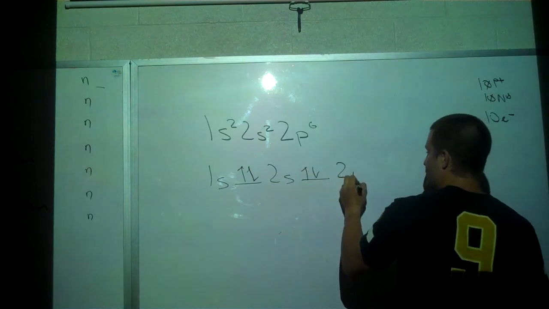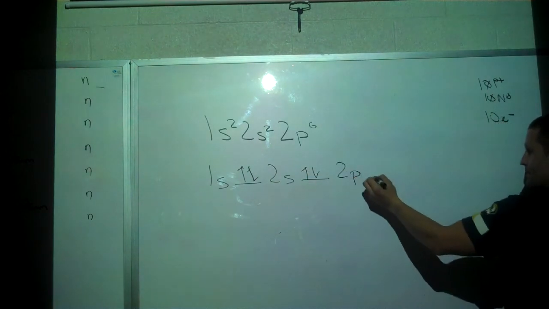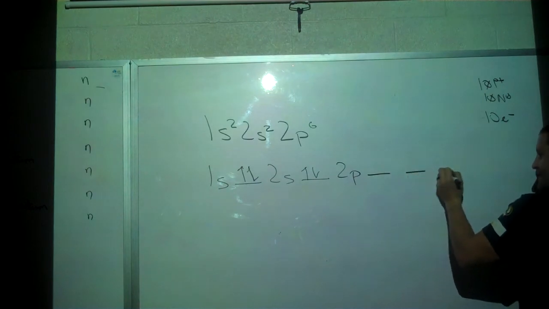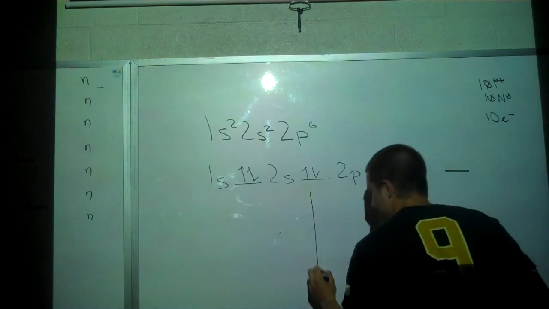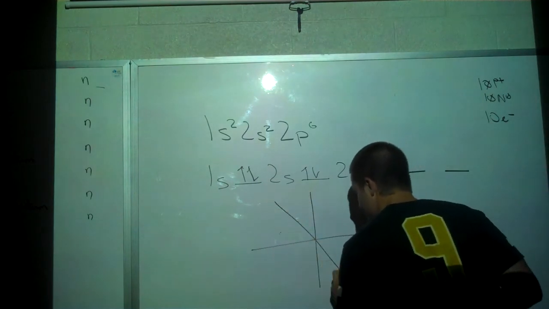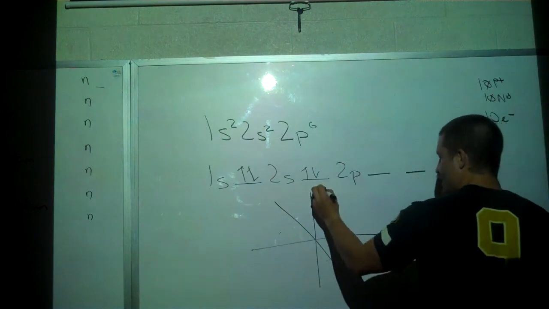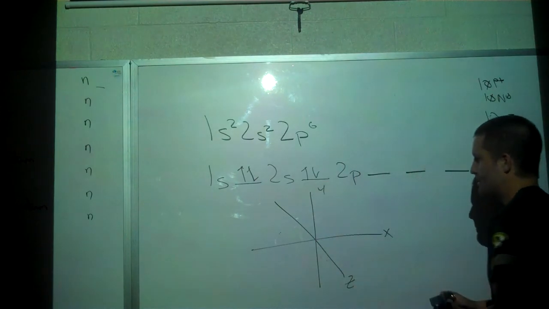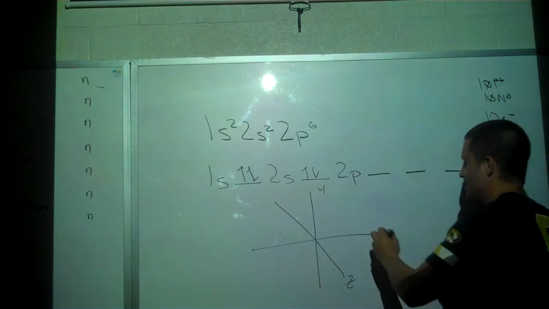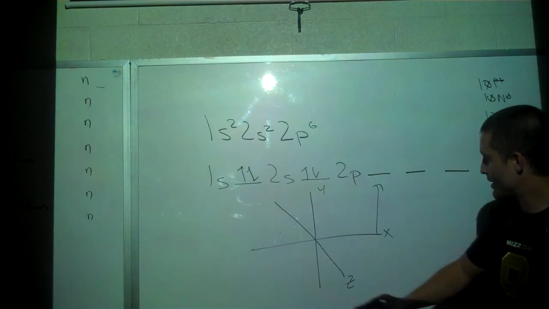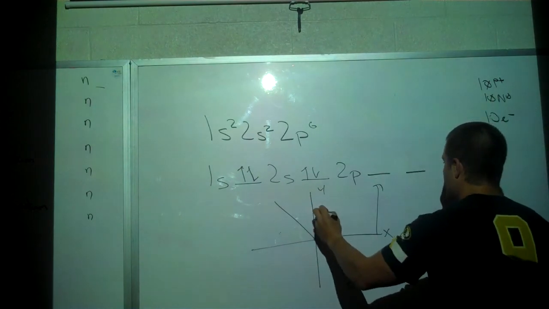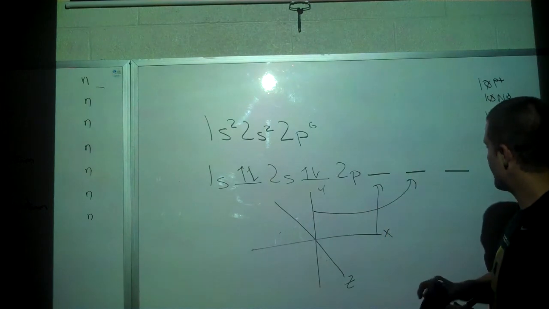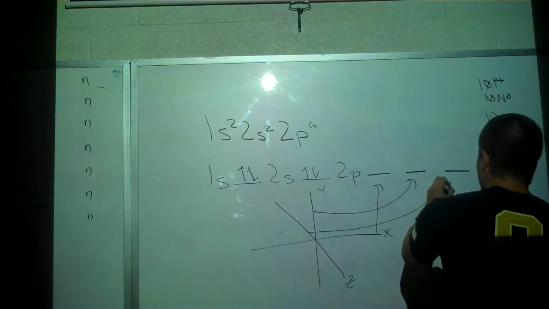And we have 2p. Now, remember I said those could go up the different axes. We have our x, we have our y, and we have our z. It can be around this axis, that would be this one. It could be around the y-axis, that would be this one. Or it could be around the z-axis, that would be this one.